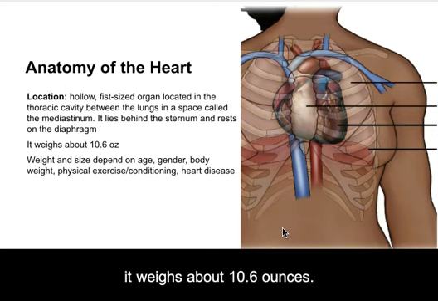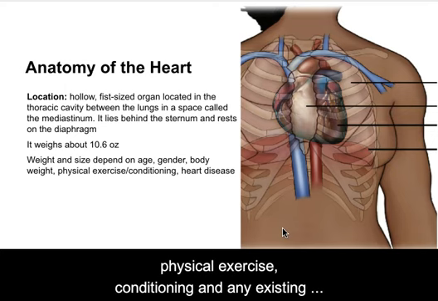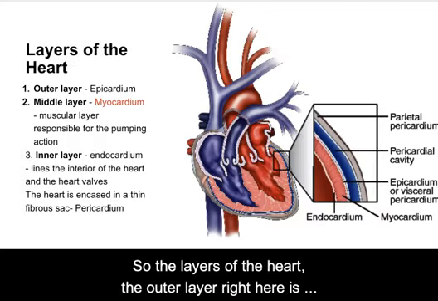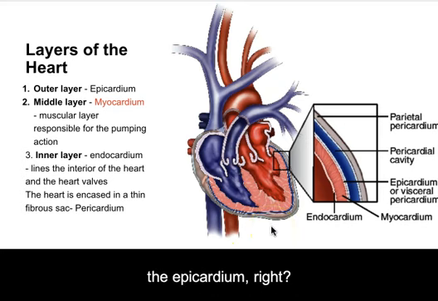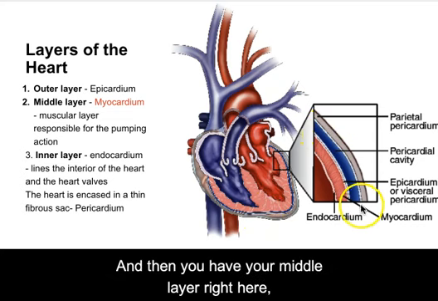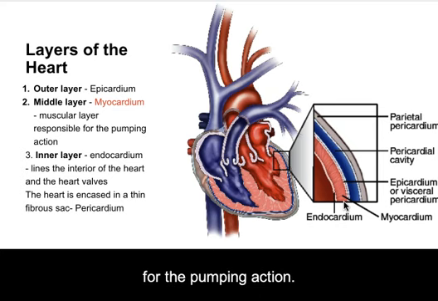It weighs about 10.6 ounces, and the weight and size depend on age, gender, body weight, physical exercise, conditioning, and any existing heart diseases. So the layers of the heart: the outer layer right here is the epicardium. Then you have your middle layer, the myocardium, the muscle layer responsible for the pumping action.